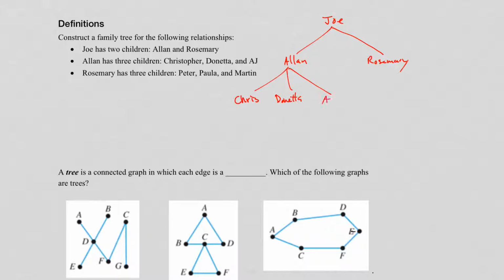Chris, Danetta, and AJ. And Rosemary has also 3 children. Peter, Paula, and Martin. Okay? So this is a family tree, but this is also, in graph theory, a tree.